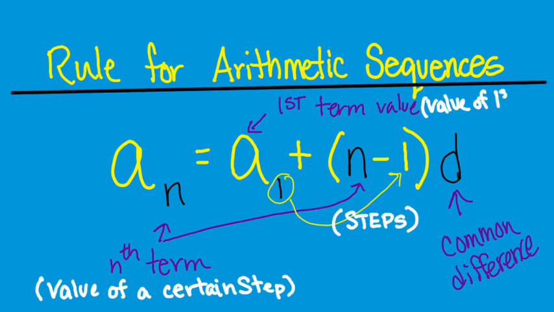The step inside the parentheses: what step are we on? But the a sub 1 is the value of that first step. And the nth just means a certain step, whatever step we want to pick: 10, 12, 5,000, doesn't matter. In your functions that you made for crossing the river, we solved for the 100th.